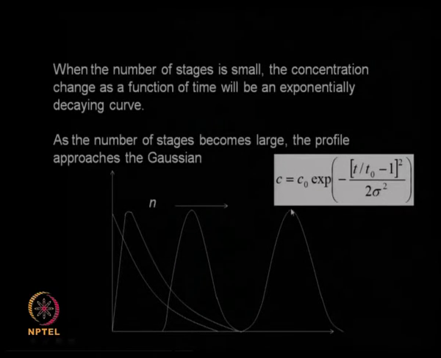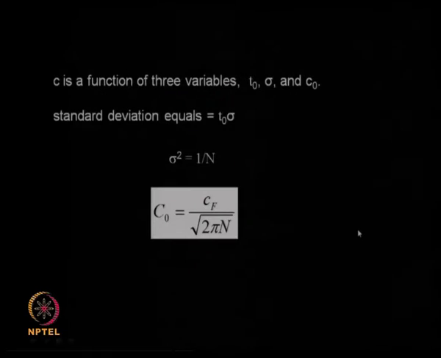So T naught is the time at which the maximum of the peak appears, so it is called the elution time. C naught is this maximum concentration. Now C is a function of 3 variables, T naught, sigma and C naught, and standard deviation is given by T naught sigma.